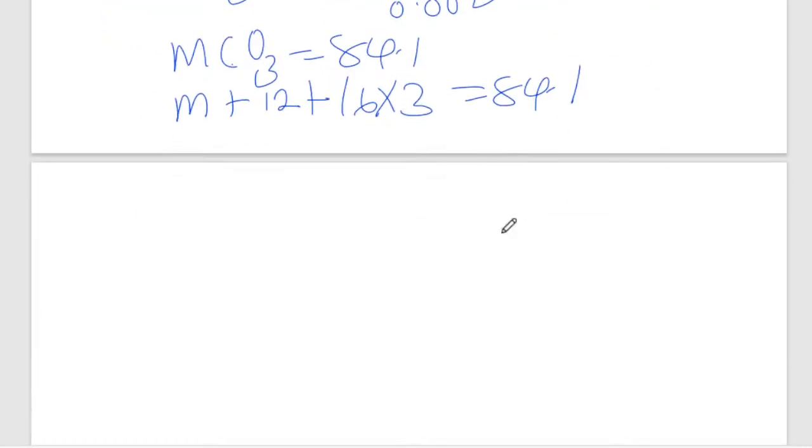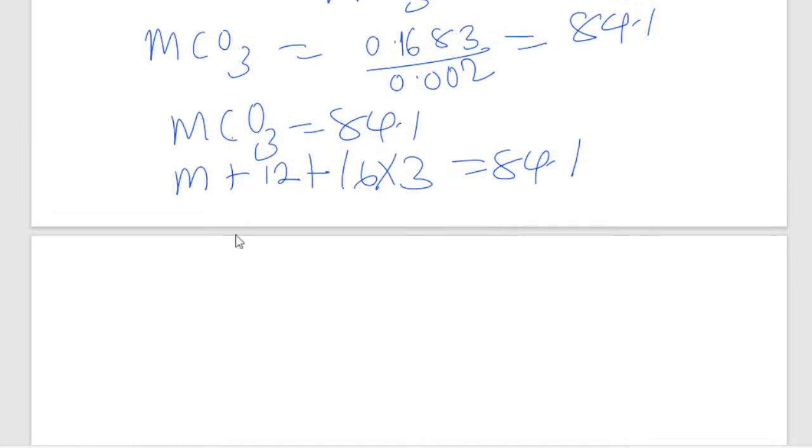Since I've got that, now I'm able to find out what M is. When you add this, 12 plus 48 is 60. So M is going to be 84.1 minus 60.